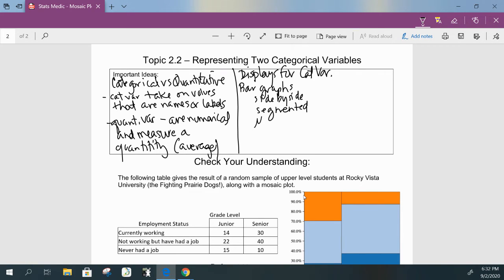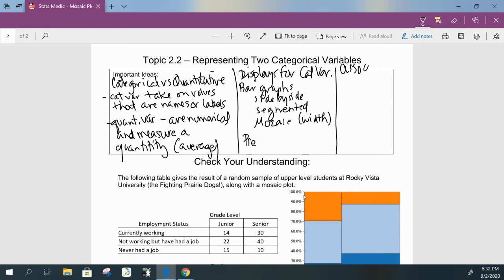And then we also have the mosaic, which is width related. It shows the extra proportion of individuals for each corresponding category. And you can use a pie graph as well. We just don't see it very often in AP.